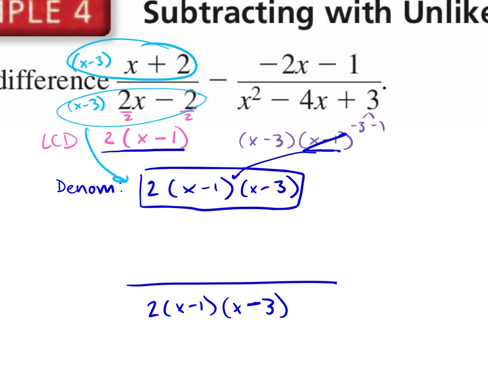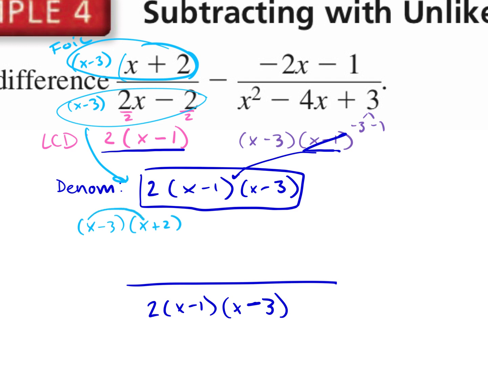So on top, how would I multiply those two together? What would I need to do to multiply them together? FOIL. So we have to FOIL. I'm going to write it out here so we can see it. So I have x minus 3 times x plus 2.